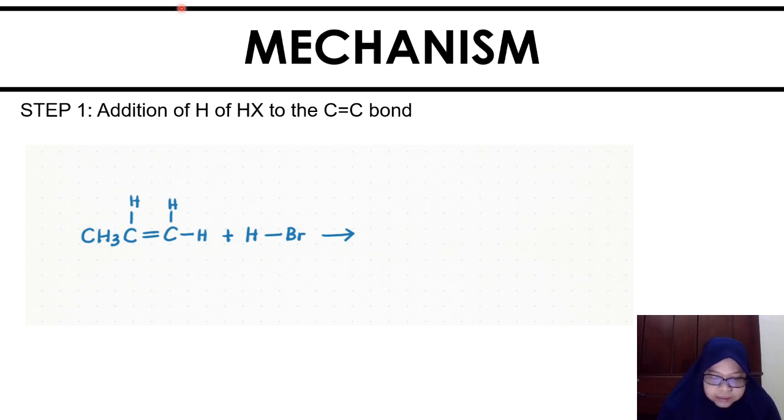So in this example, the carbon-carbon bond has higher electron density, while the hydrogen of HBr has lower electron density. So the electron density here is high, and the electron density here is low. So the electron will move from the high electron density to the lower electron density. So means that the arrow will start from the carbon-carbon double bond to the hydrogen of HBr.